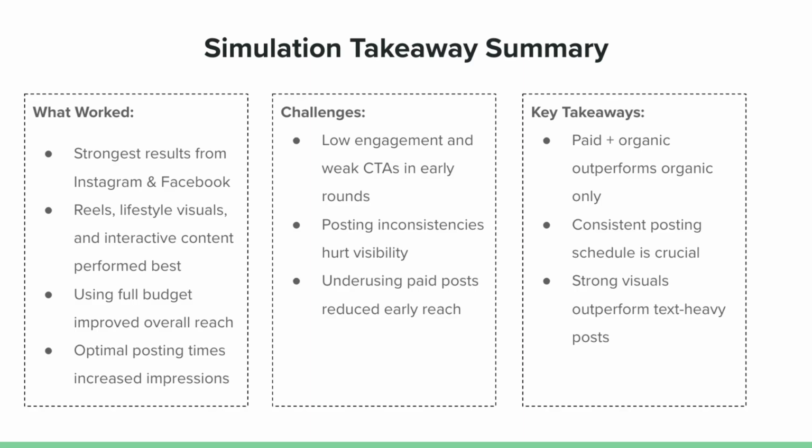Some of the challenges we faced were inconsistent posting and low engagement in early rounds due to lack of platform research. Posting inconsistently really hurt visibility overall. Some of the key takeaways we learned were that paid and organic outperforms organic only, a consistent posting schedule is crucial, and strong visuals outperform text-heavy posts.